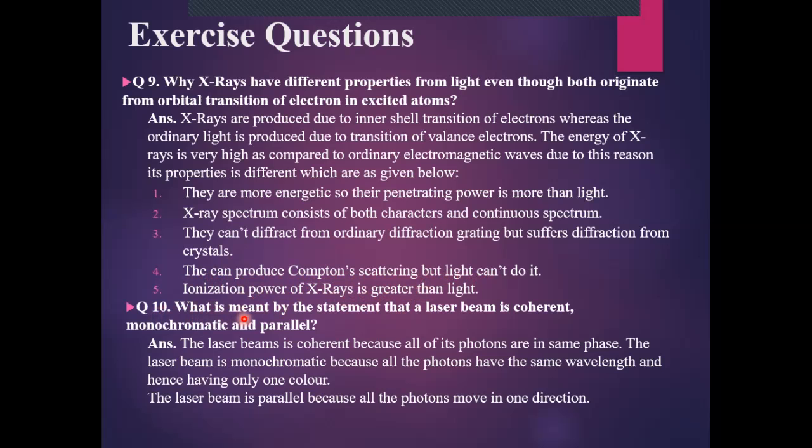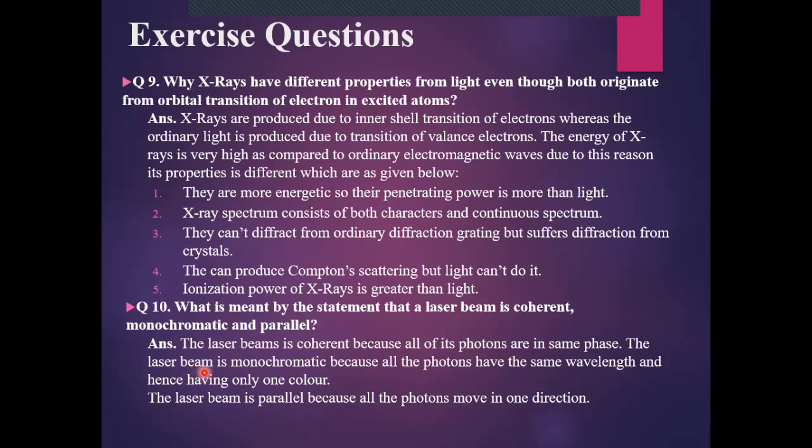Next question is, what is meant by the statement that a laser beam is coherent, monochromatic, and parallel? So first of all, what is coherent? If a laser beam is coherent, it means that all of its photons are in the same phase or have a constant phase difference.